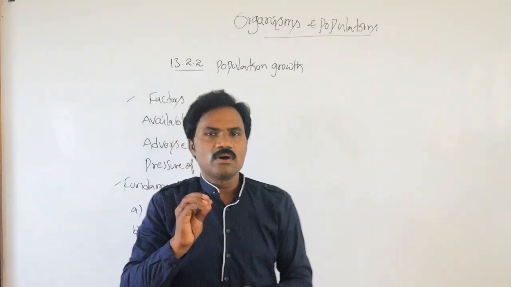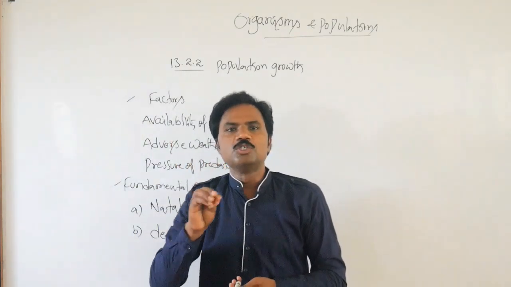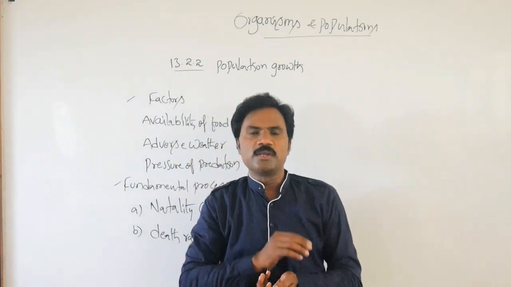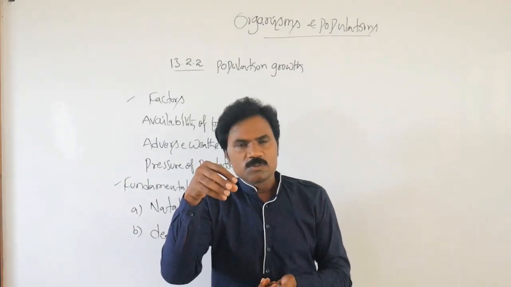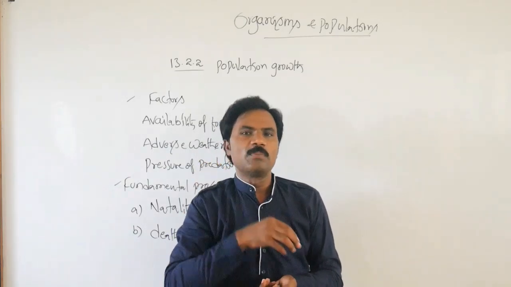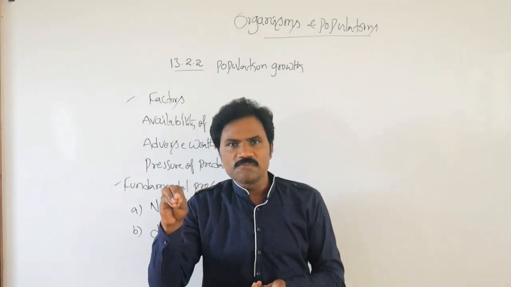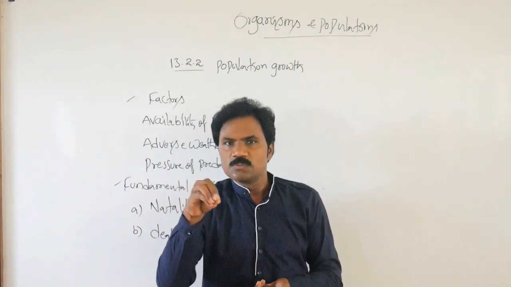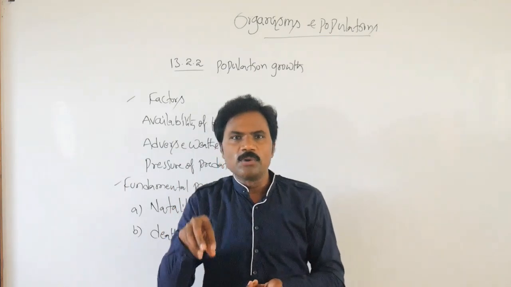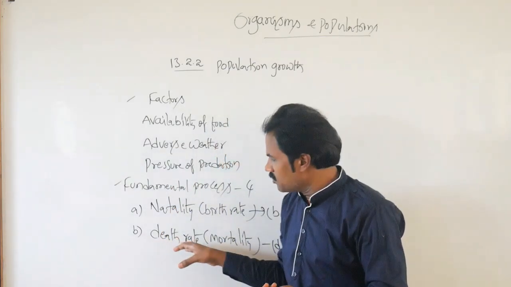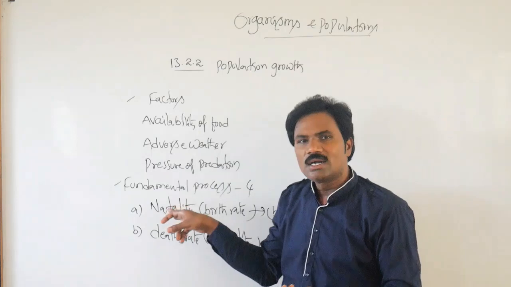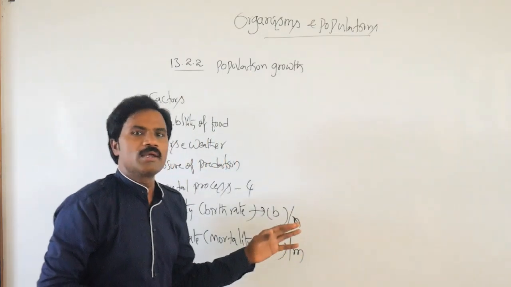The loss or death of individuals, the death of offspring in a specific period of time in a population, or the loss of individuals of a species in a specific period of time in a population, is indicated as death rate or mortality.